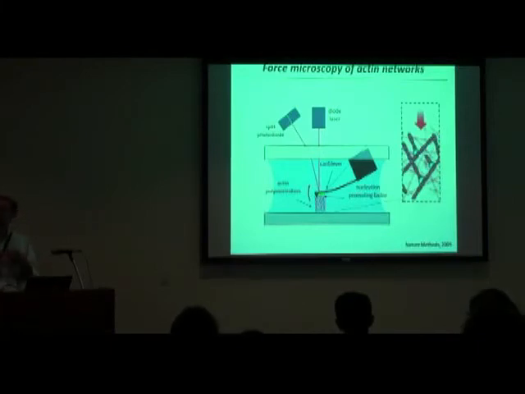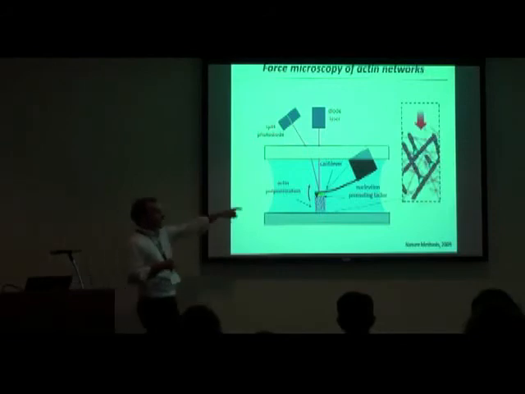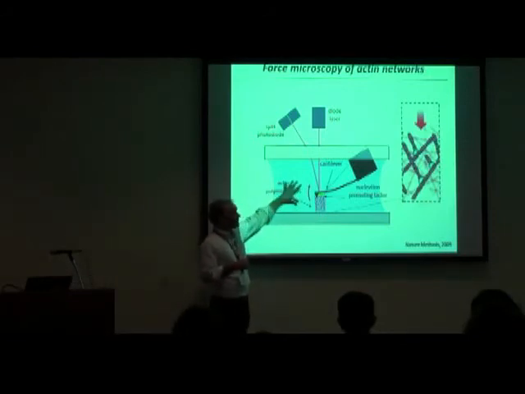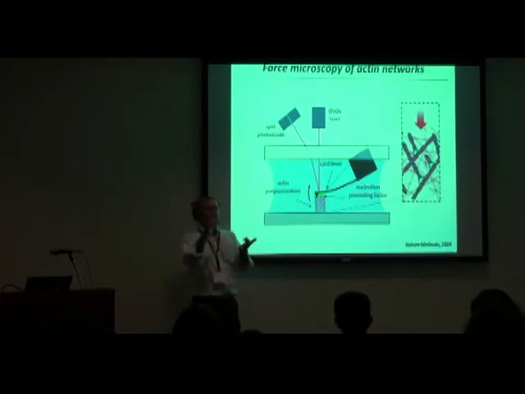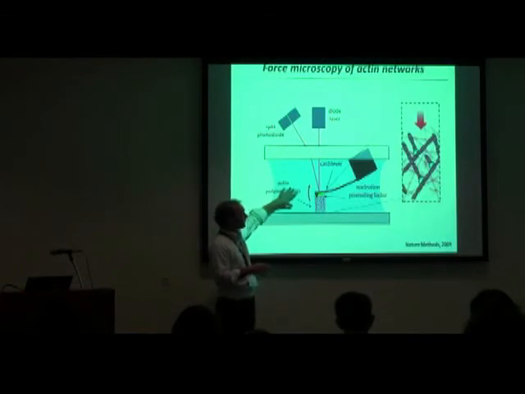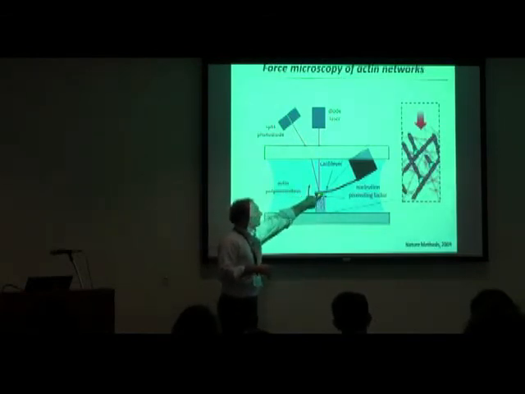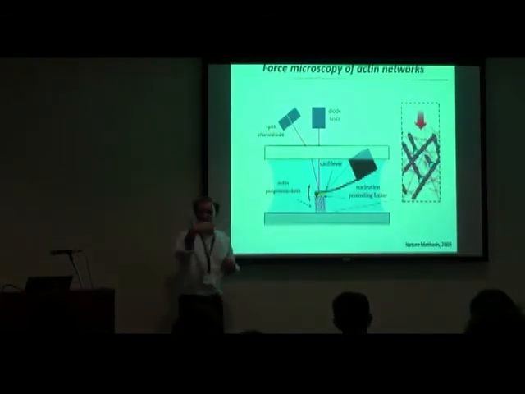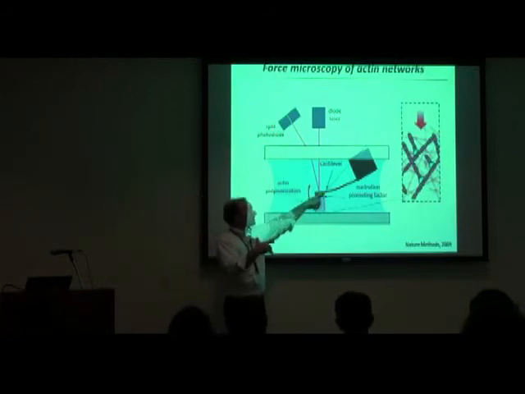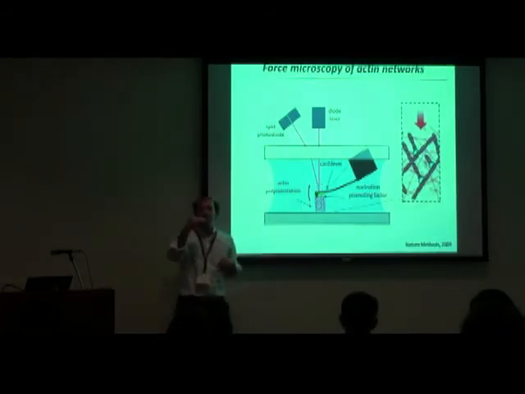And so the way we've tried to emulate what's going on at the leading edge of a cell is to have soluble proteins in solution here. So the actin, the branching protein, the capping protein, cycling proteins in solution here. And then to have on the cantilever surface, this protein that restricts the binding of the branching only to near the surface.